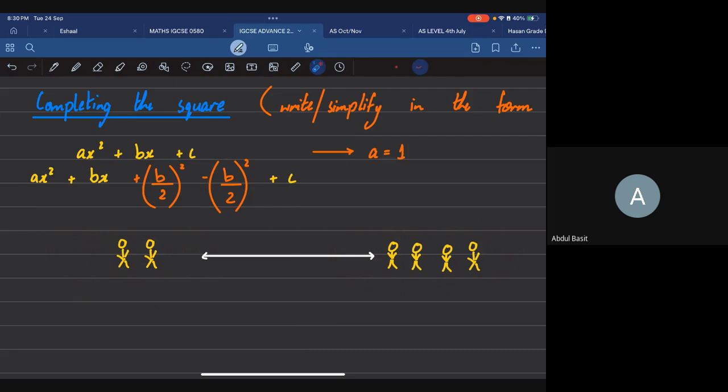But realistically, it is unfair that there are four on one side and two on the other. So if you're adding something, you need to cancel it out as well in order to maintain the balance. Is this clear? So if I'm taking Ishal out from over here, I'll also take Saad out from over there, so that the balance is always there. Is this clear, everyone?